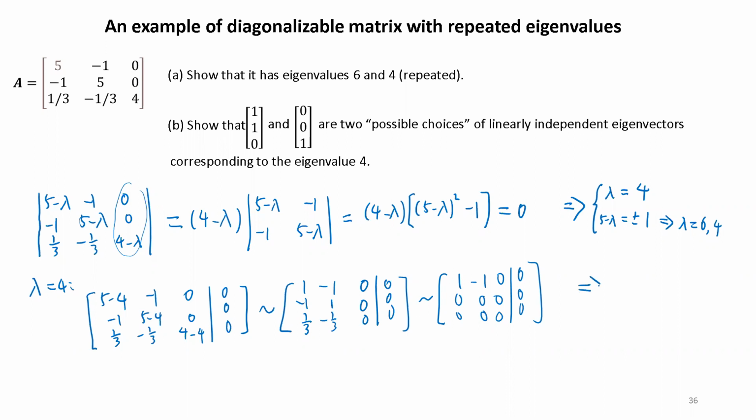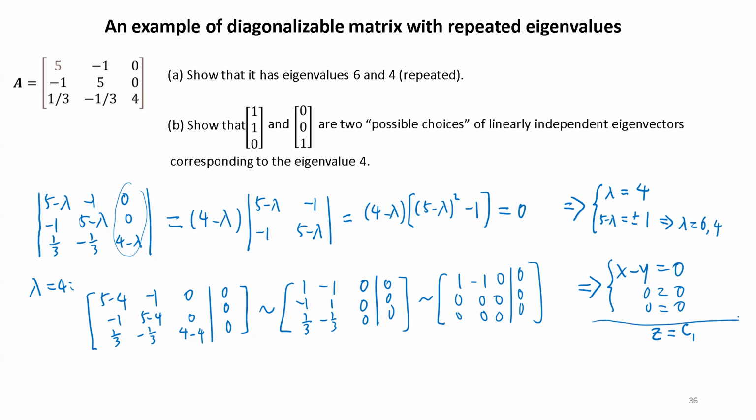All it tells us is that x minus y equals 0, and then 0 equals 0. That means z is a free parameter. Let me call this C1. And then x minus y equals 0 means x has to be equal to y.